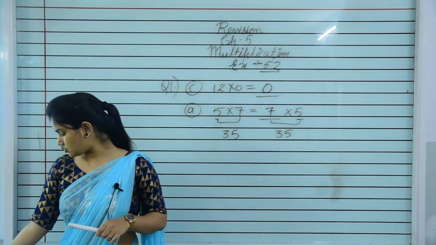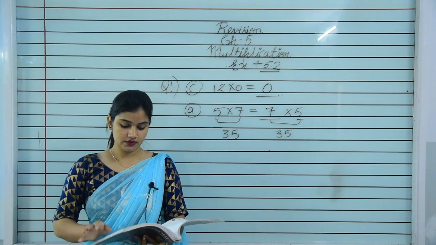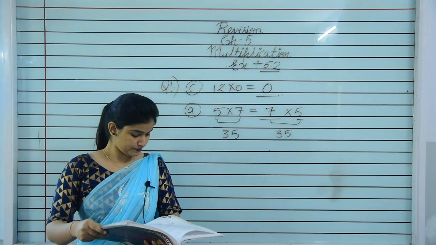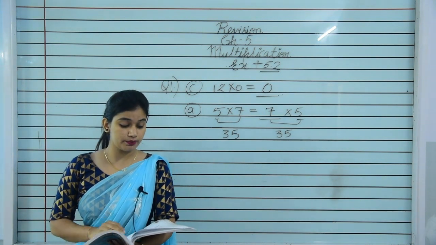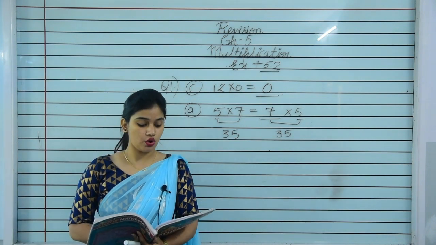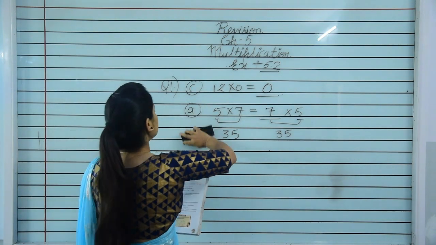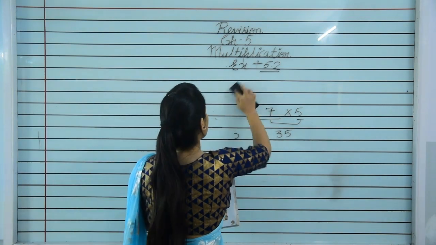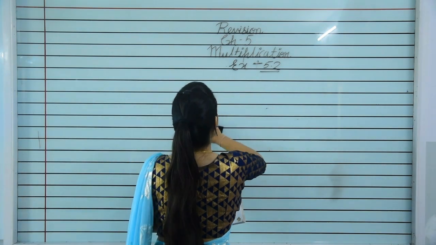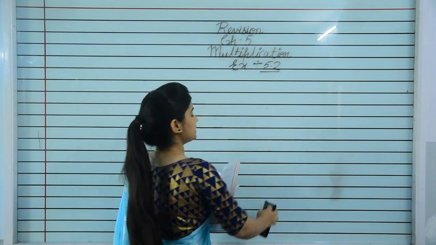Now we see the next topic on page number 58, multiplication of a 3-digit number by a 1-digit number. We take a 3-digit number and multiply it by a 1-digit number.